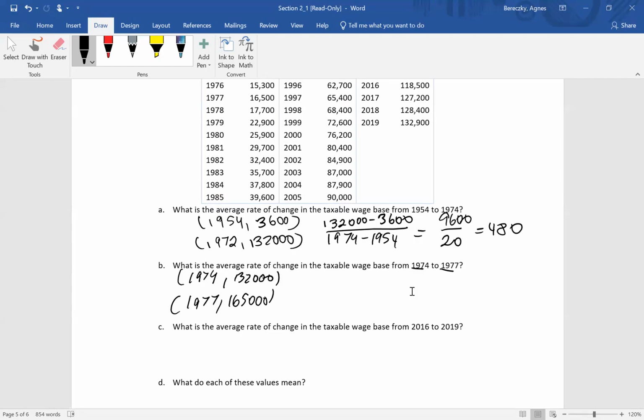So again, we're just going to calculate the average rate of change, 165,000 minus 132,000 over 1977 minus 1974. So that will be 3,300 over 3, which is 1,100.